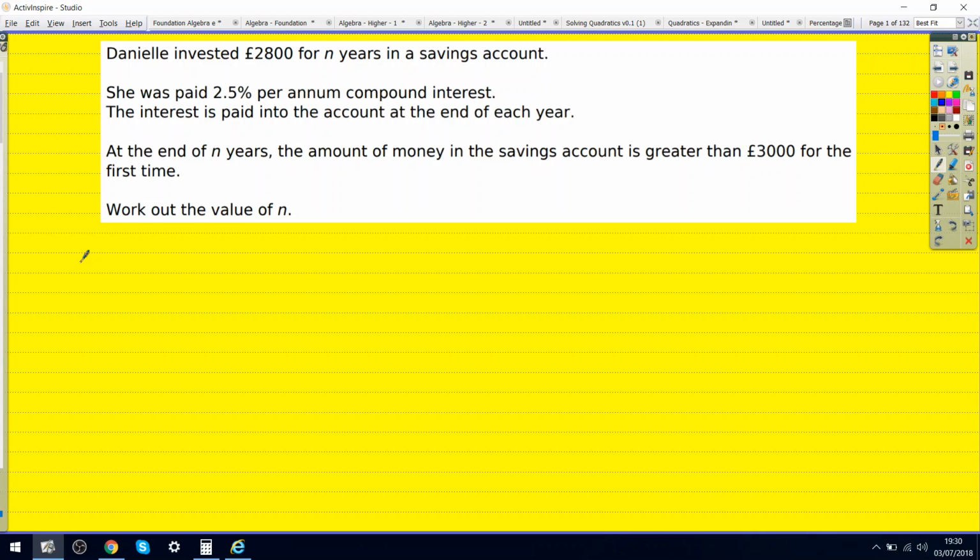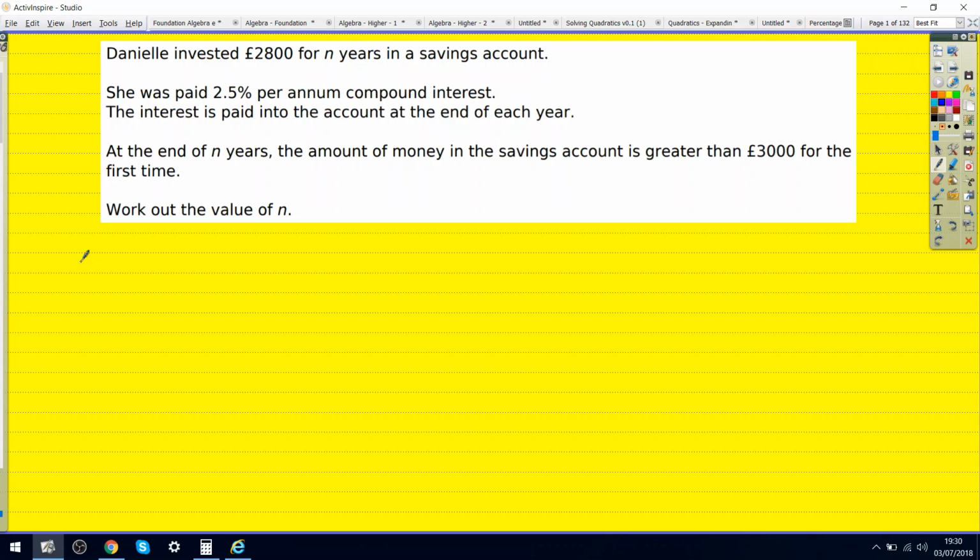So 1.025 to the power of n times 2800 is greater than or equal to 3000. So we'll try some various numbers. Yeah, that method will work. And just so you know, if the question says greater than, that's what you have to go with. So you wouldn't make it or equal to. Yeah, just greater. Okay, sure.